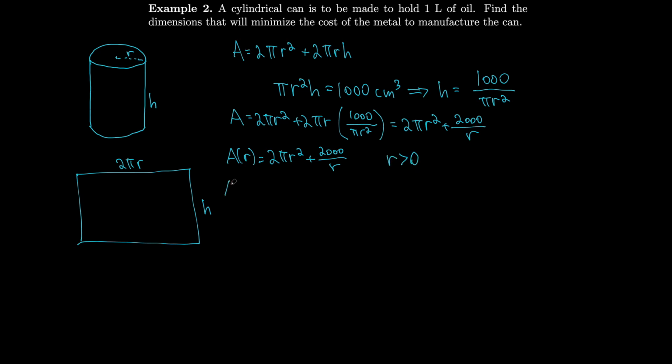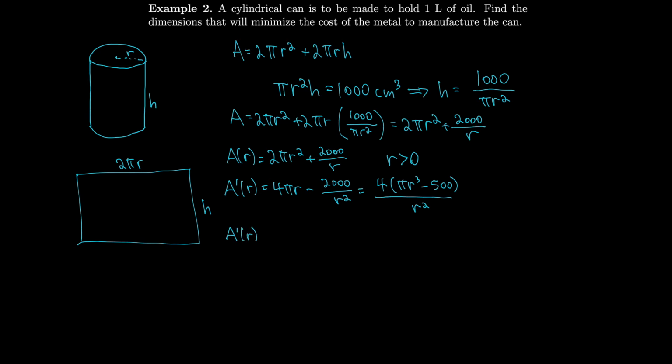So let's take our derivative. Well, that's 4 pi r by the power rule minus 2,000 over r squared, because you write that as 2,000 r to the minus 1. And this ends up becoming 4 times pi r cubed minus 500 over r squared. So let's see where our derivative is 0 or undefined.